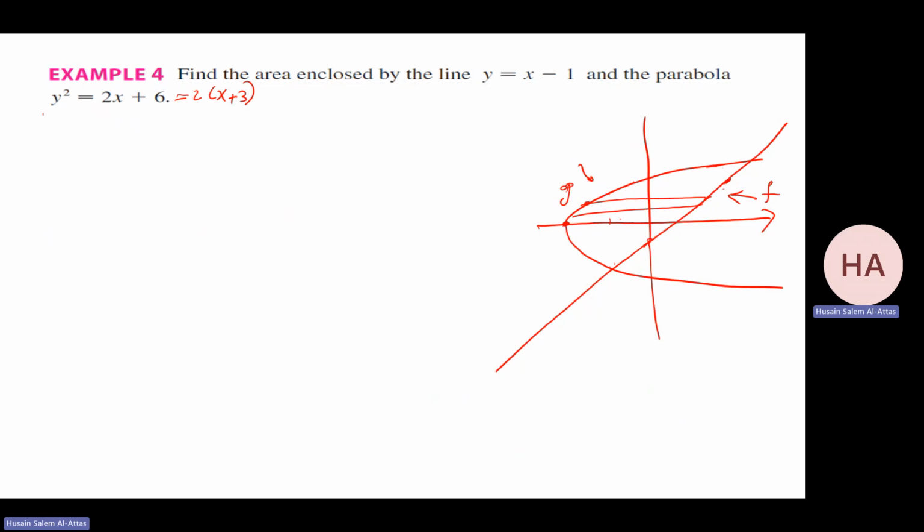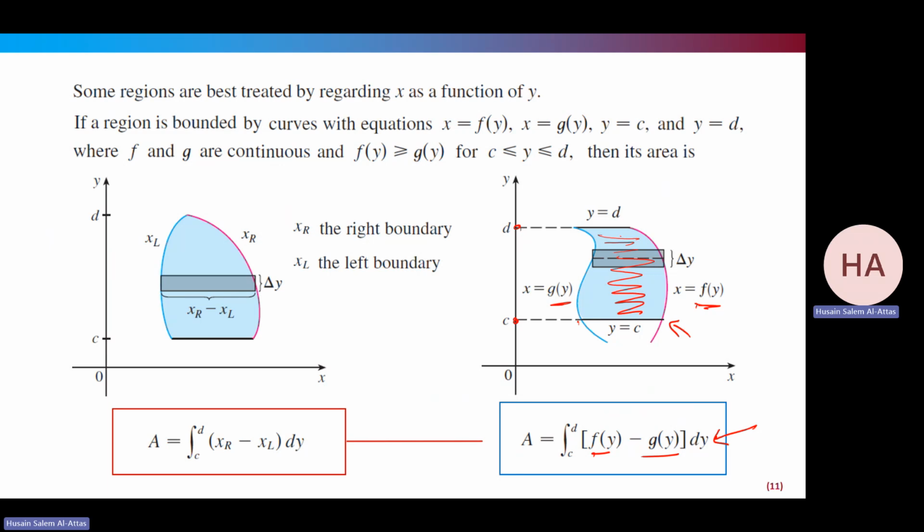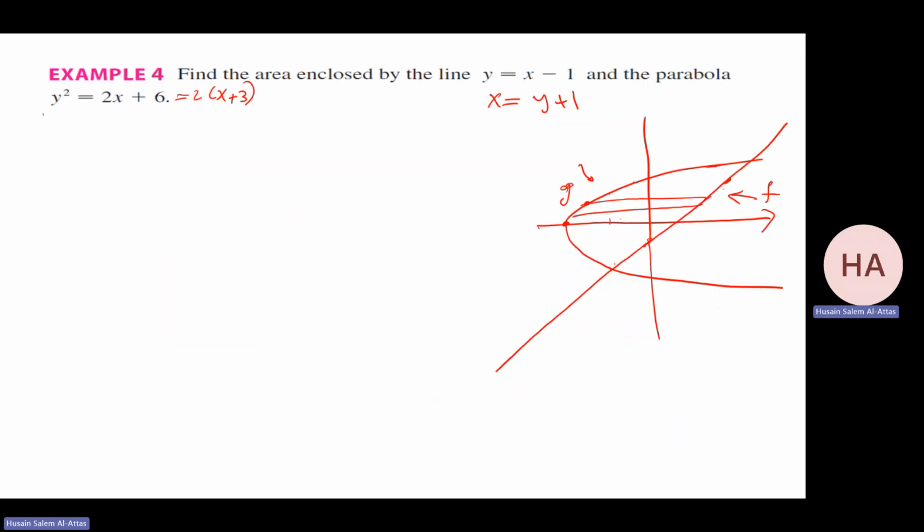So now let me write everything in terms of y. Here I have x equal y plus 1, because you notice I need to write x as a function of y, and the same thing for the other one, x as a function of y, and I will deal with the y values. For the parabola, y squared minus 6 equals 2x.